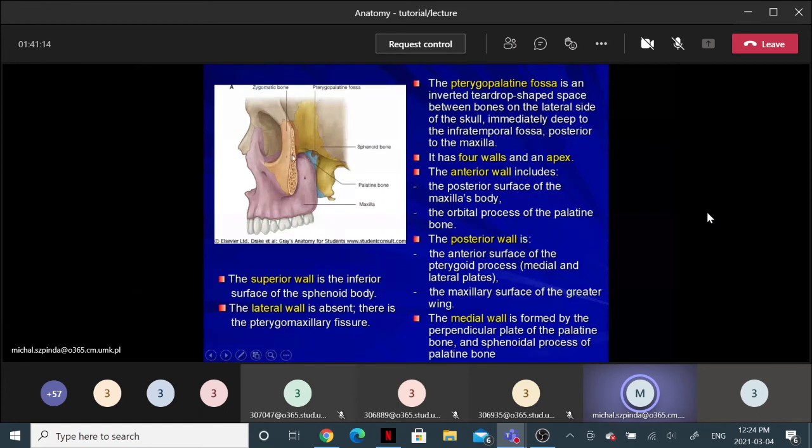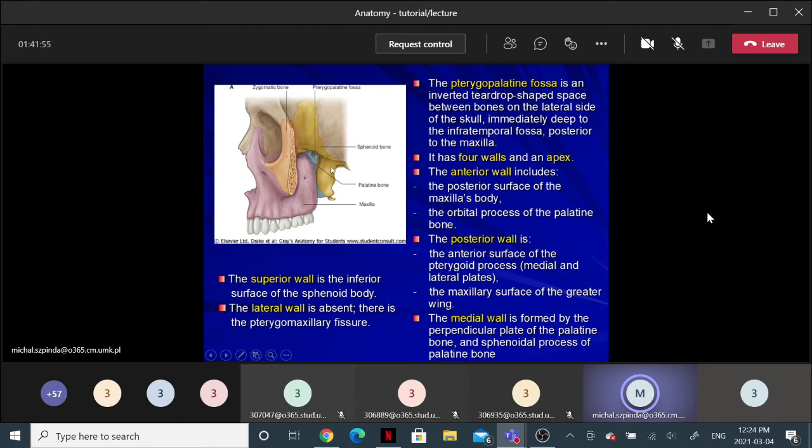The deepest topographical element that's deep to the infratemporal fossa is the pterygopalatine fossa. Some say that the pterygopalatine fossa is the deep part of the infratemporal fossa, and the remaining say that the infratemporal fossa is the superficial part of the pterygopalatine fossa.